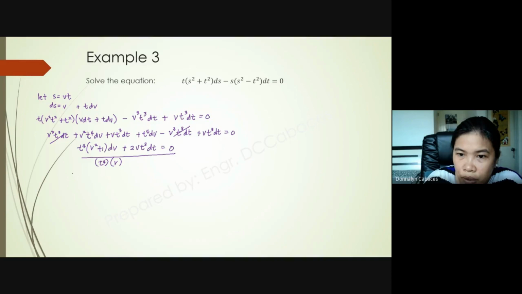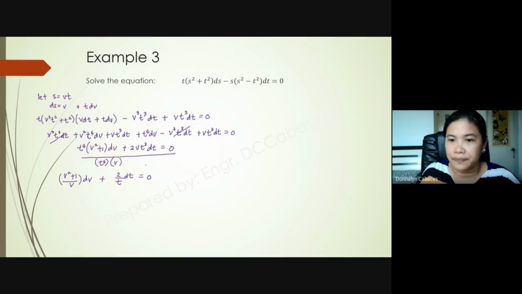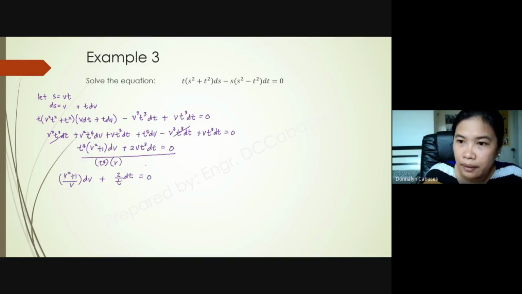So the resulting equation now is v squared plus 1 over v dv plus 2 over t dt is equal to 0. Okay? And then we now integrate both sides of the equation.